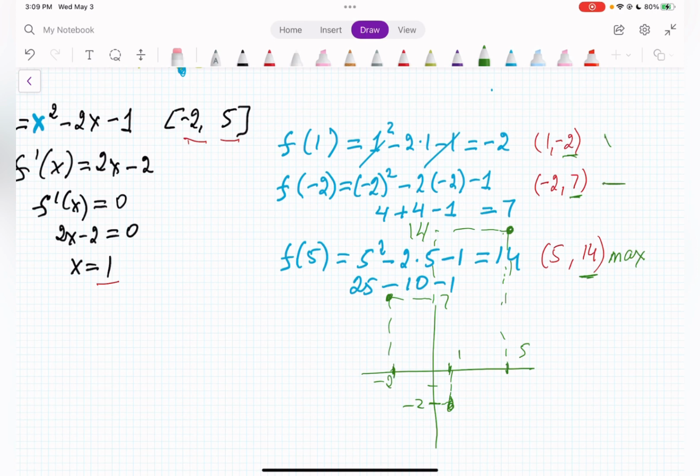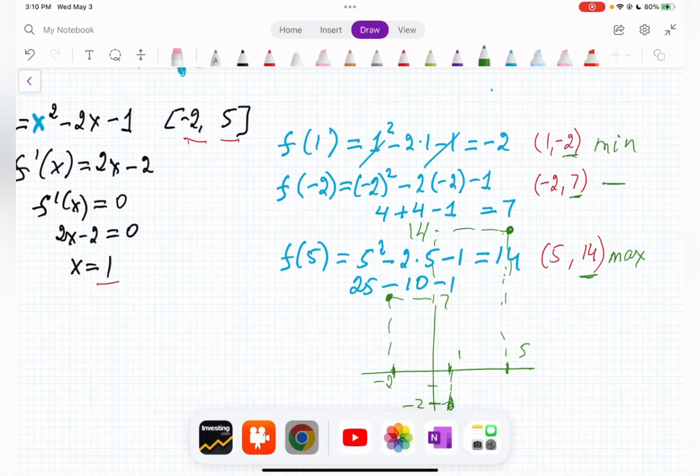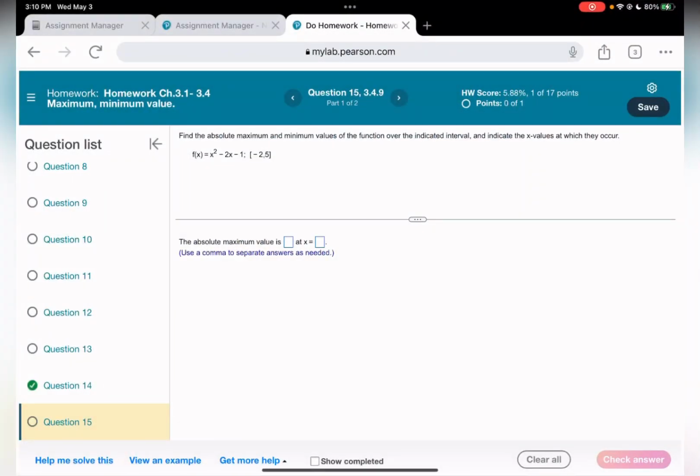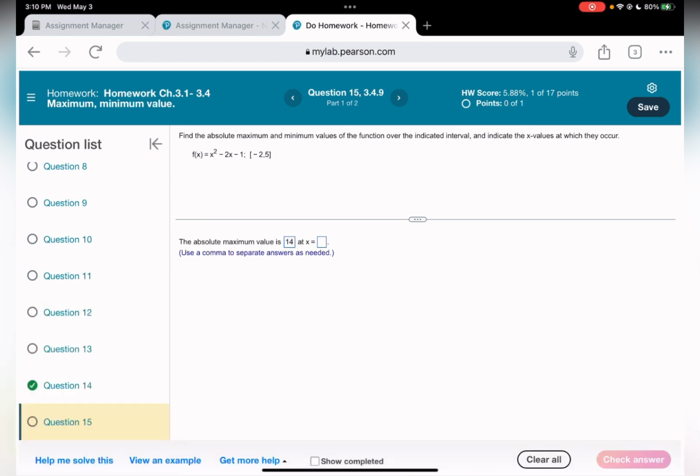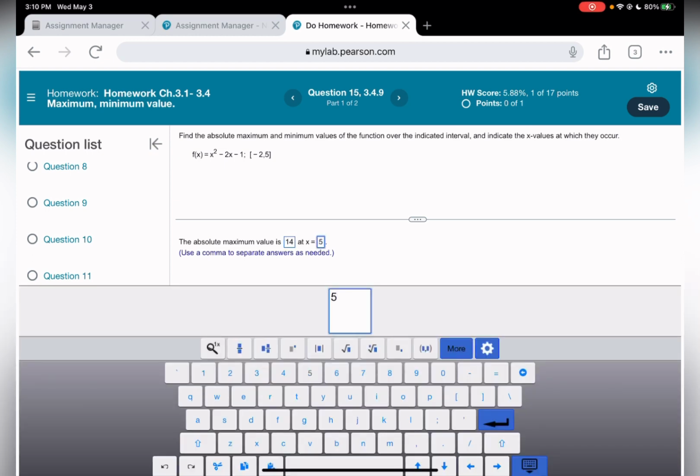This one is going to be the minimum. So 5 and 14, let's put it. 14 here, 5 is here.